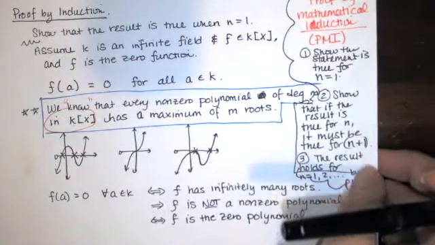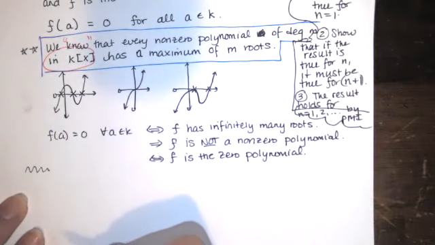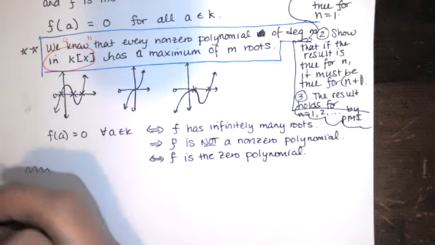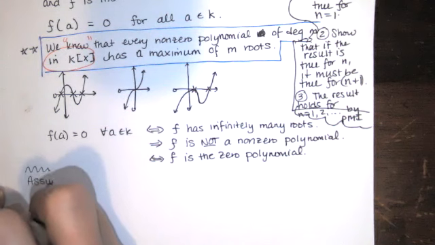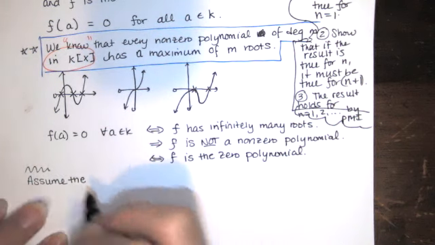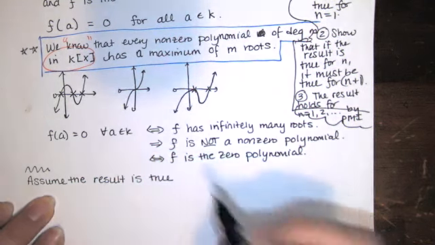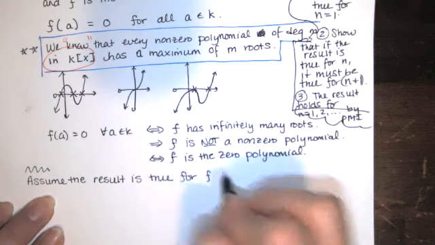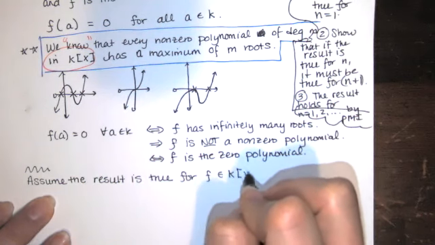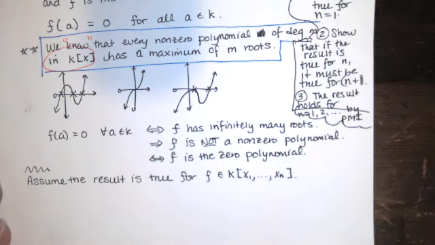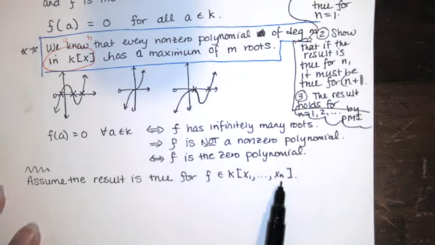It says, show that if the result is true for n, it must be true for n plus 1. That's the next part of our mathematical induction argument. Okay, so let's assume the result is true for f in this polynomial ring. So f is a function of n variables, x sub 1 through x sub n.